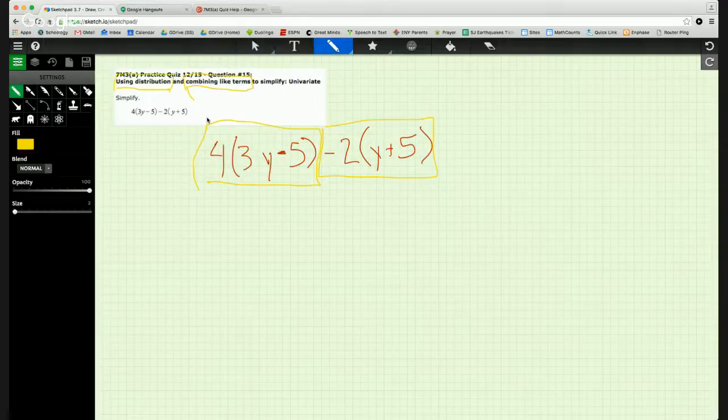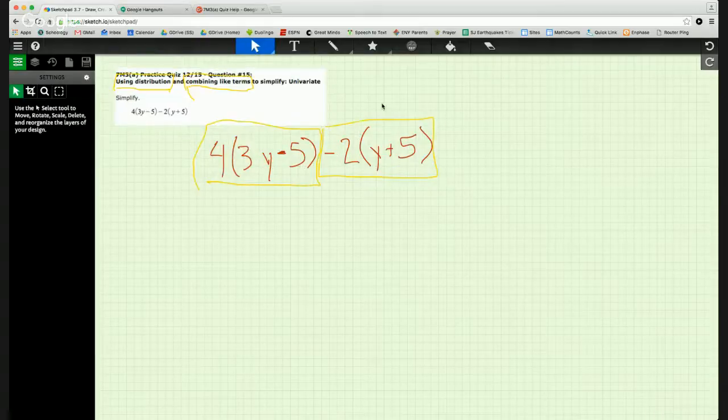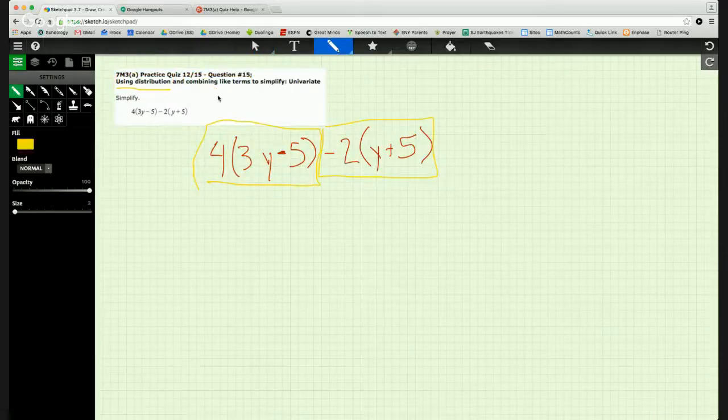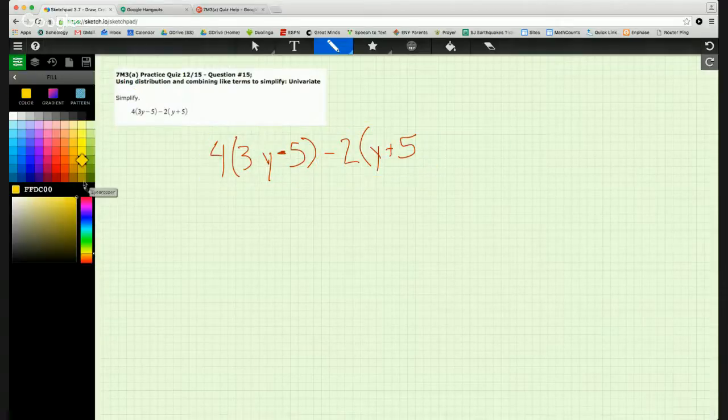But the key here is that we cannot combine like terms that are inside parentheses. So, for example, we cannot combine this 3y with this y over here because this y is inside one parenthesis and this 3y is inside a different parenthesis.